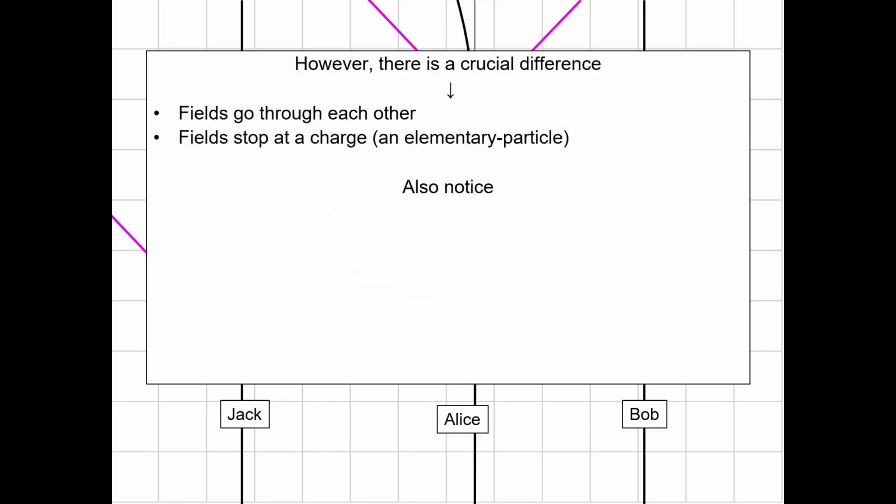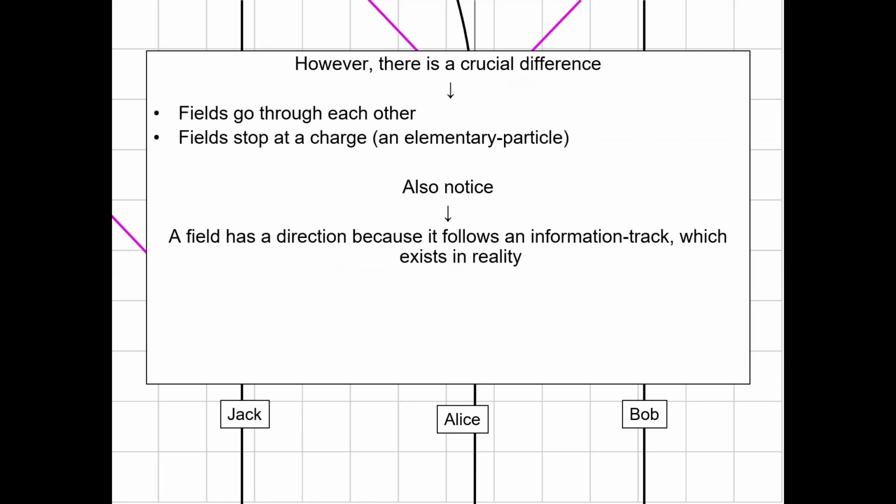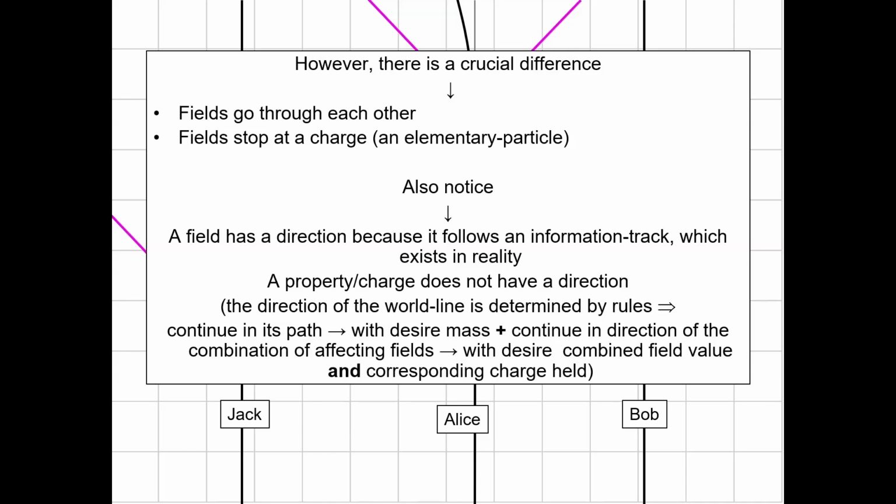Also notice that a field has a direction because it follows an information track, and information tracks exist in reality. A property or a charge does not have a direction. The direction of the world line is determined by rules.